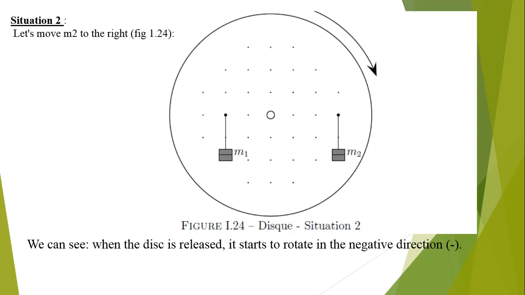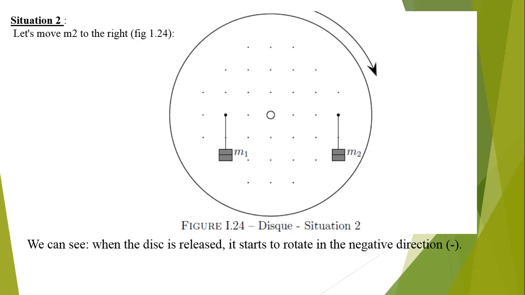In the second situation, let's move M2 to the right. So we displace M2 from its initial position to the right and it is placed at this point. If we release the disk, we notice that it starts to rotate in the negative direction. Why?